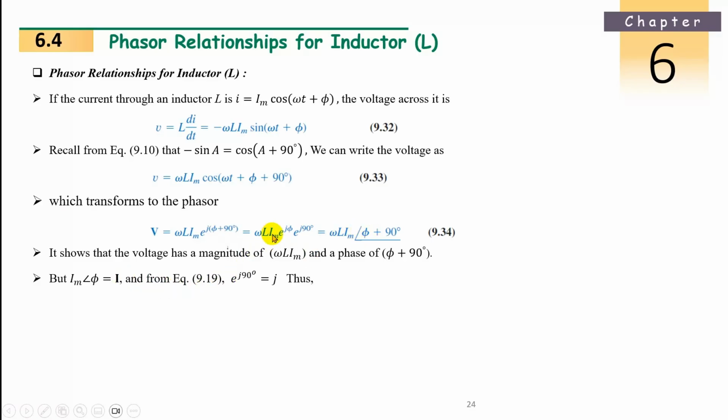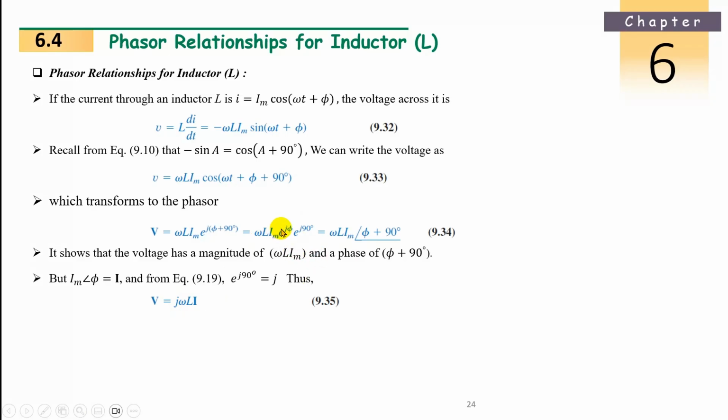Now e power of j90 I can write as j. So the j will come out, and j ωL Im e^(jφ) will remain. Im e^(jφ) is nothing but your capital I. So j is coming out, and jωLI is your resultant from this equation.